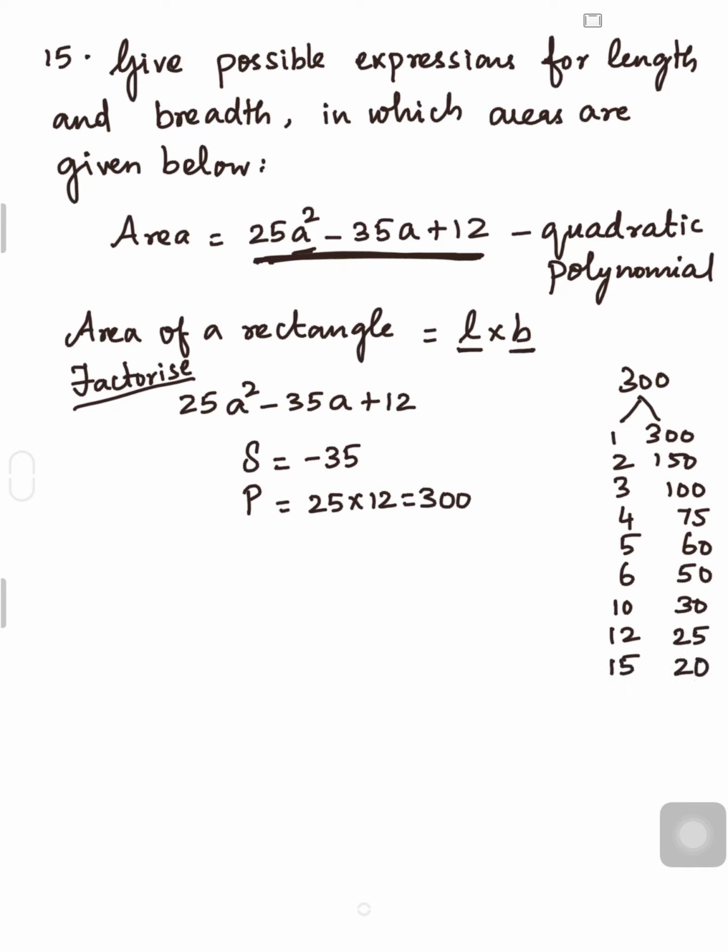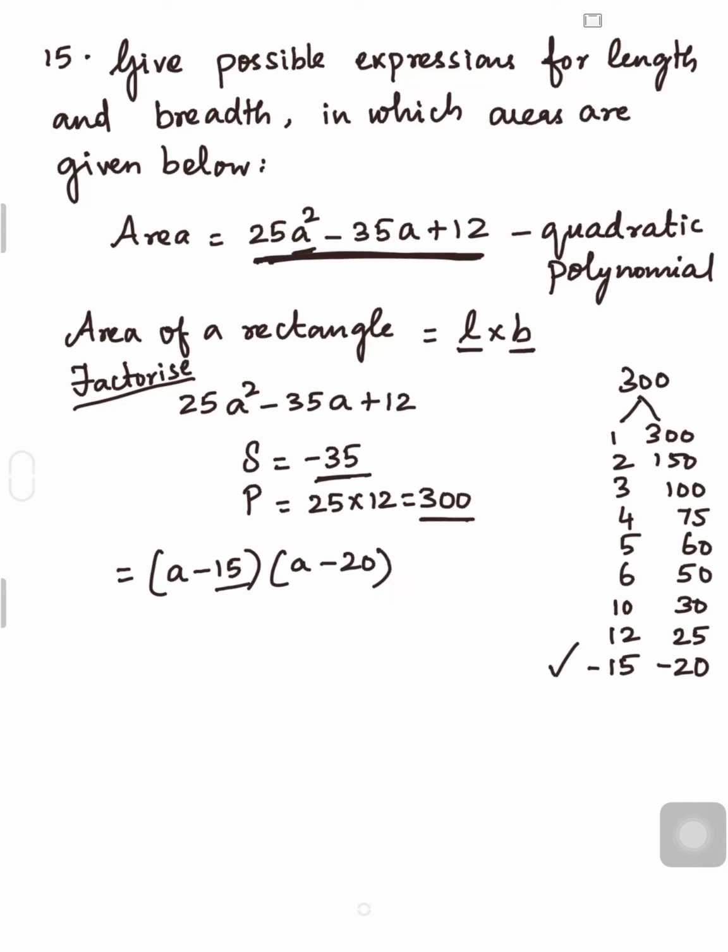Now the product is plus 300, so which two numbers, if we add, give 35? 20 and 15. The product is positive and the sum is negative, so both the numbers will be negative. So you will write this as a minus 15 into a minus 20.